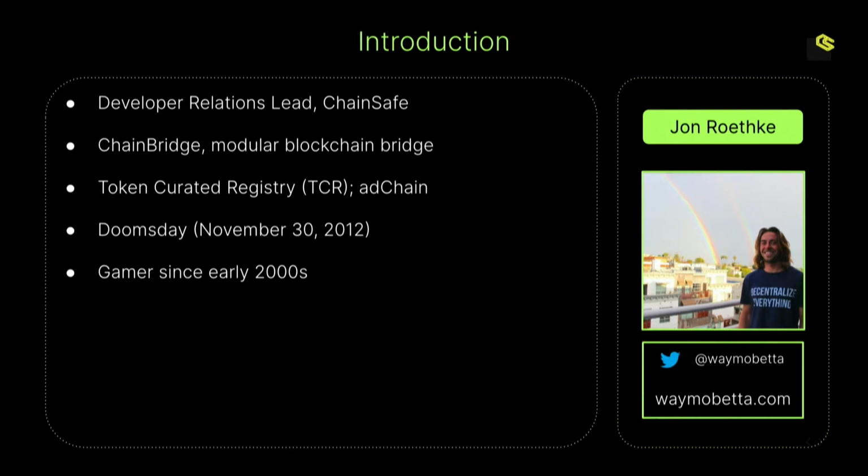So we ultimately landed on an idea called token curated registries, or TCRs. And so our team pioneered this concept, and we deployed the first TCR to Ethereum mainnet in 2018. This was called the AdChain registry.